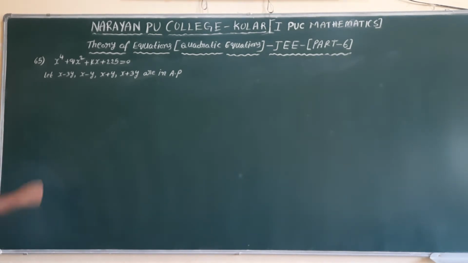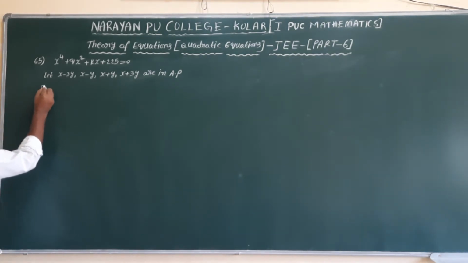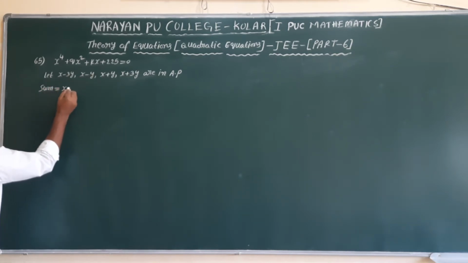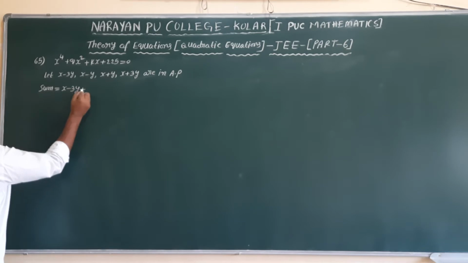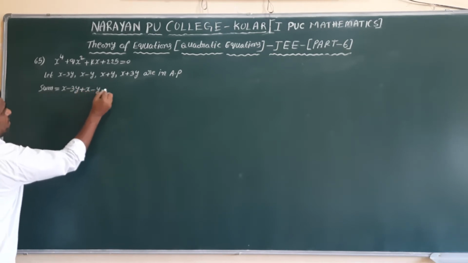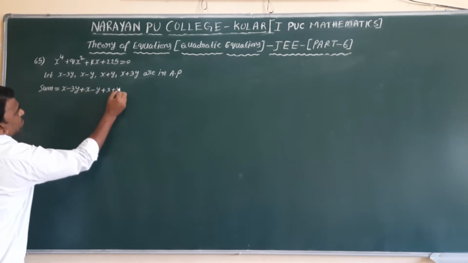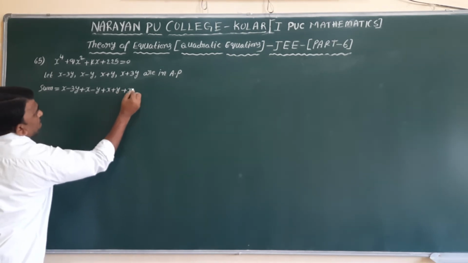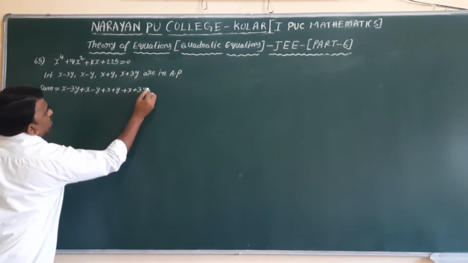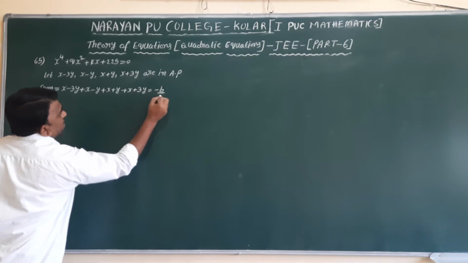Then the sum of the roots, x minus 3y plus x minus y plus x plus y plus x plus 3y, is equal to minus b by a.